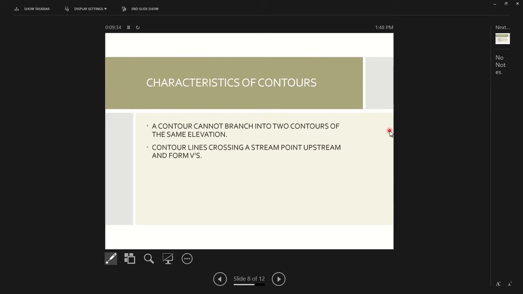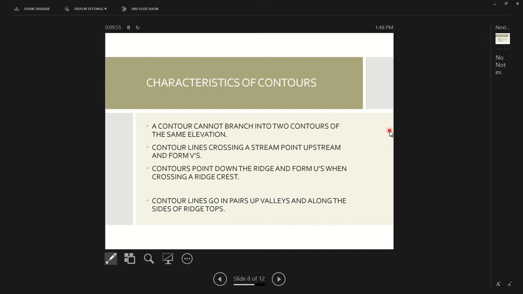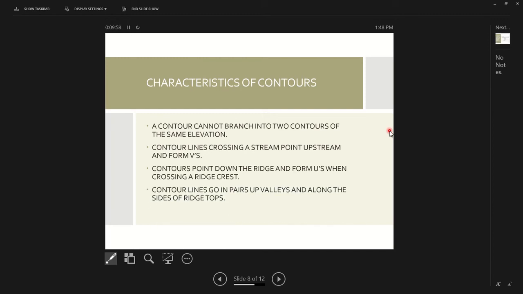So those V's always point to a higher elevation in the stream. And ones that go down ridges will form U's, and they'll cross that ridge crest. When they form U's, it means that you're moving up in elevation as well. And contour lines go in pairs up valleys or along the sides of ridge tops.